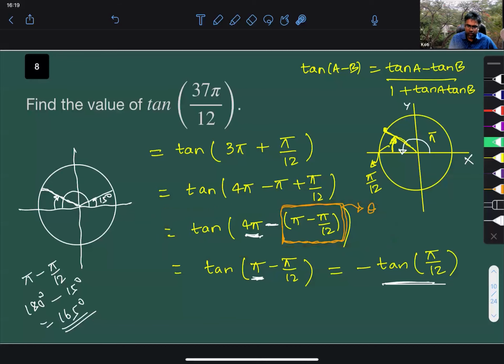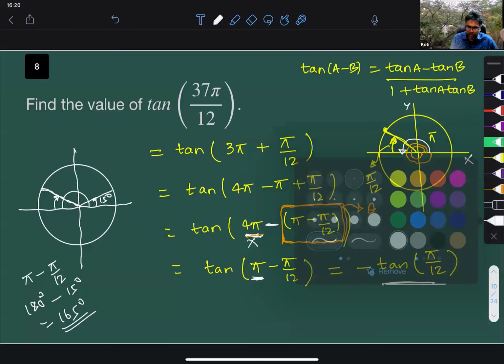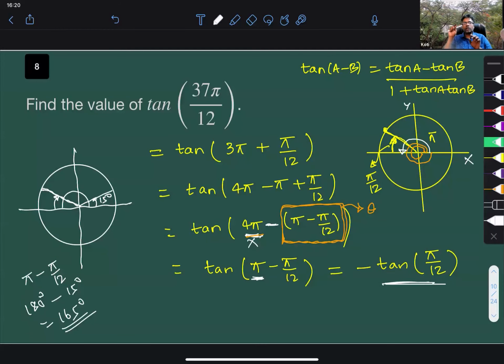Now this tan 4 pi just means you went around the circle twice and came back to OX. So you went once, then again, and came back. That means this is not really important for me, so I'll ignore that. This minus is telling me I'm going to move in the clockwise direction from my reference line, OX.